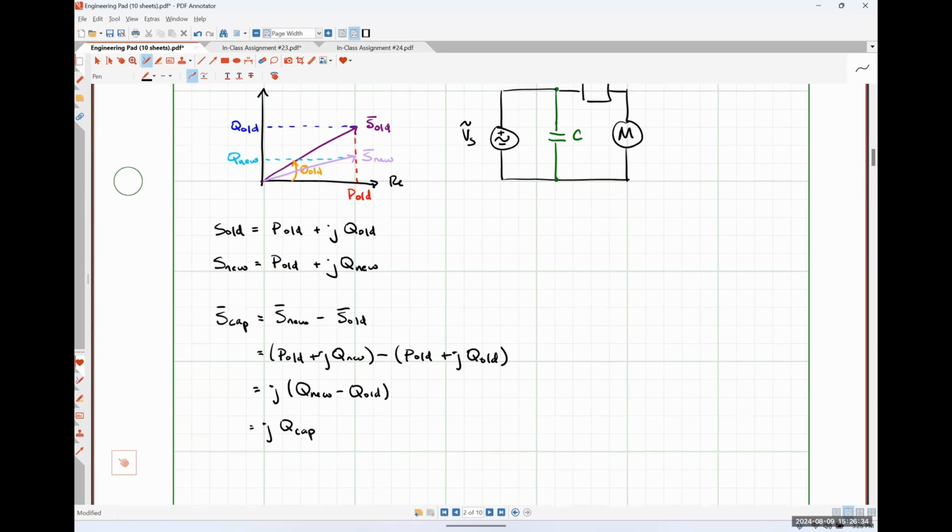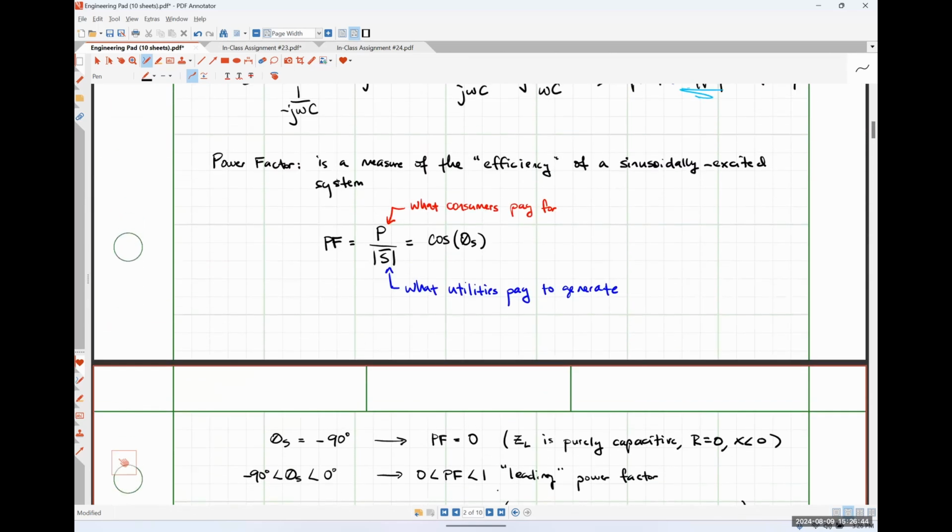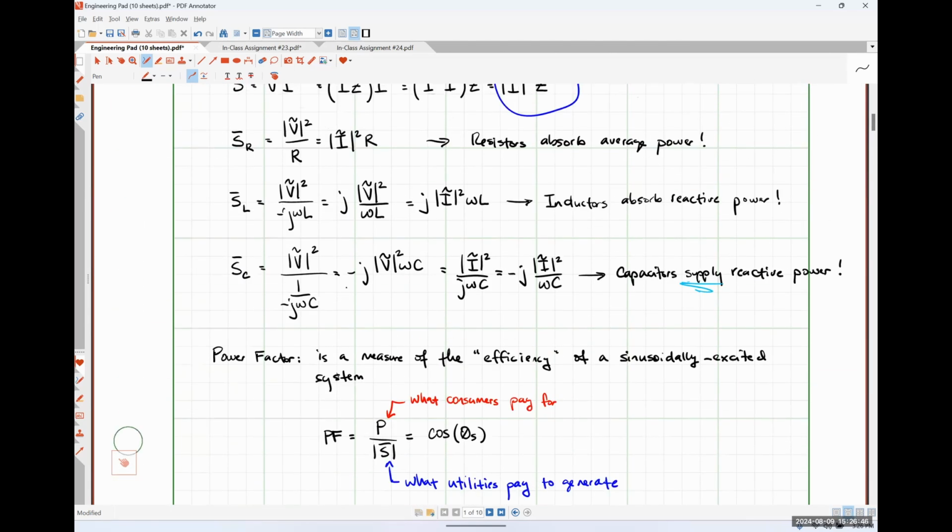And the short answer is that this bit right here is the complex power absorbed by a capacitor. This equation right here is also the complex power absorbed by a capacitor. That's why there's a negative sign out front. And so we're just going to put those two things equal to each other and then solve for C.